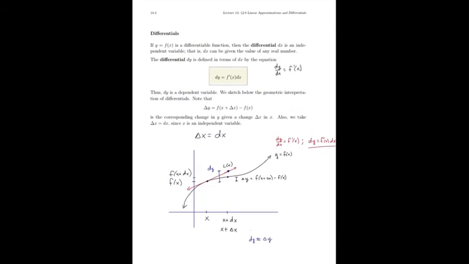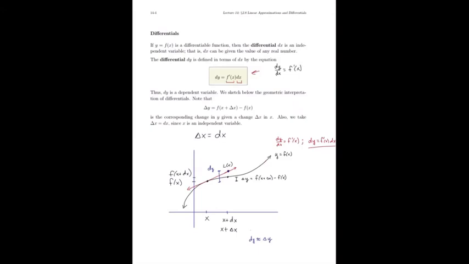What's happened here in this box is we started to treat dy dx as though it's a separable ratio, right? So we can write dy as f prime of x times dx. Well, each of these pieces, dx and dy, are called differentials.